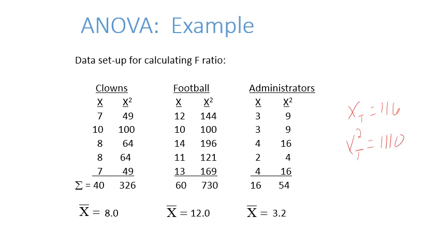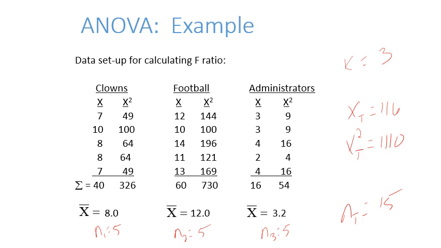Our n1 equals 5, n2 equals 5, n3 equals 5, and n total equals 15. K equals 3. I think we got all the information we need here now.